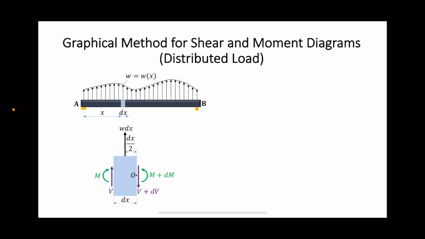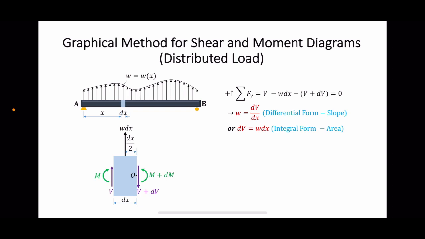From the equilibrium of forces in the vertical direction, we can see the relationship between the distributed load and the shear force written in the differential or integral form.